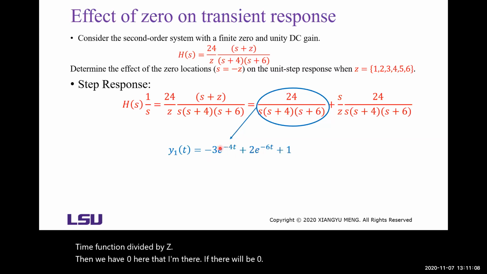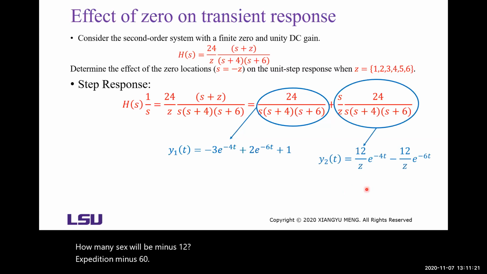Then we have minus 4, which gives 12 exponential minus 4t, and minus 6, which gives minus 12 exponential minus 6t, then divide by z.